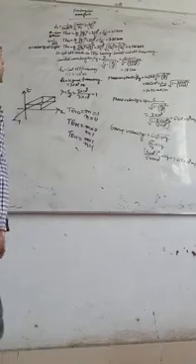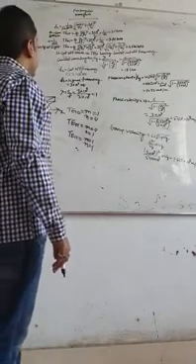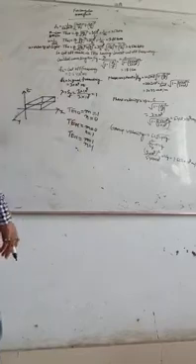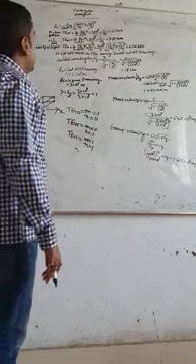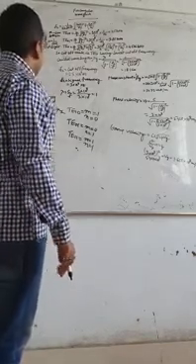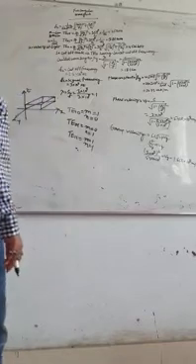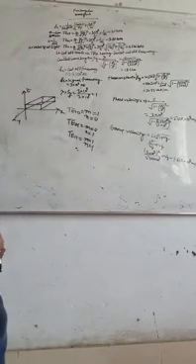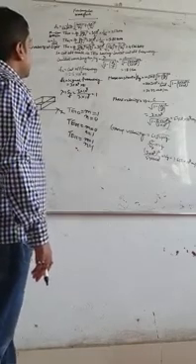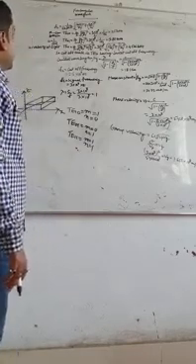And TE01 mode, it's u by 2 into root over of (n by b) whole square, because m is 0, n is 1. So it is 3 into 10^8 divided by 2 into 1 by 0.04, since b is 4 centimeter and a is 6 centimeter. So it is 3.75 gigahertz.